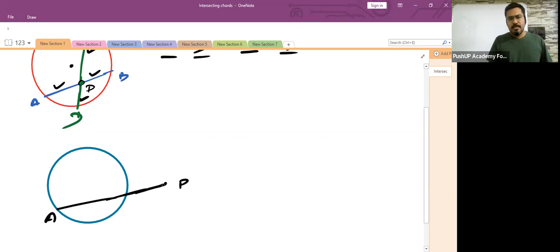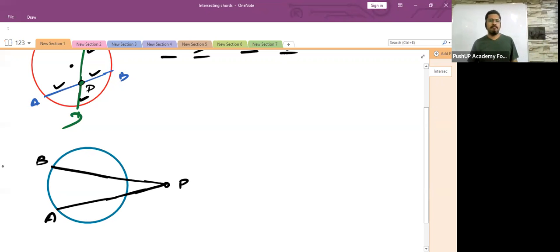And then from the same point P, I am drawing a line segment PB.